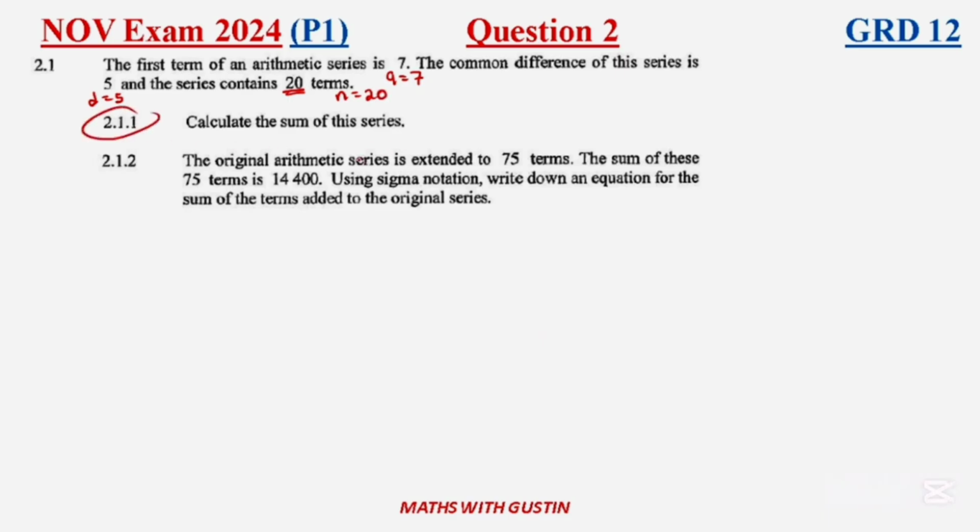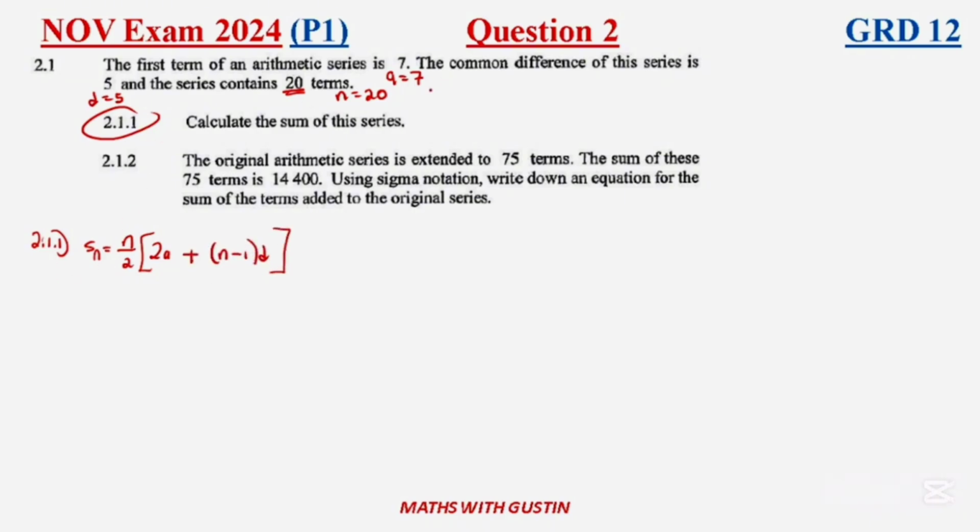Question 2.1.1 says calculate the sum of this series. Because it's an arithmetic series, you know that we use the formula Sn is equal to n over 2 bracket 2a plus (n minus 1) d, close bracket.